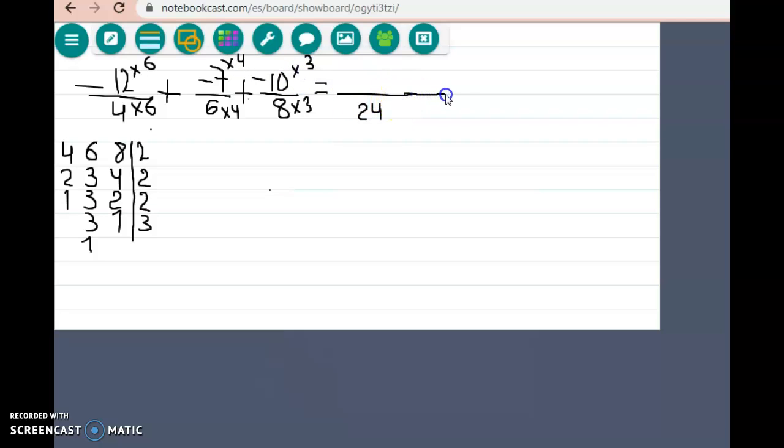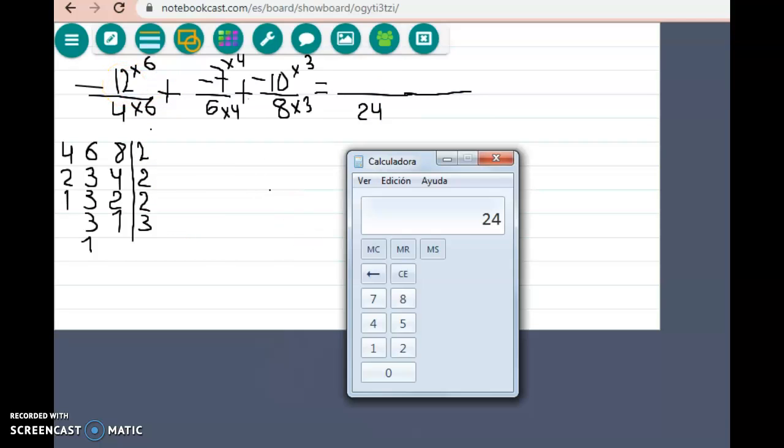Now here, we're going to do this. So we're going to multiply negative 12 times 6. So 12 times 6 is equal to 72.